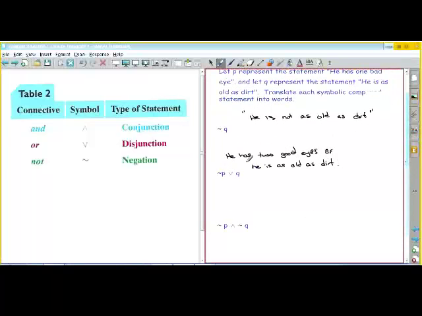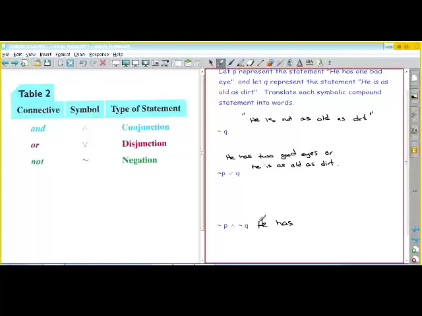Okay, the third one is the negation of P and the negation of Q. We've already done that, so this is just a matter of putting together what we've already figured out. The negation of P was the statement he has two good eyes.